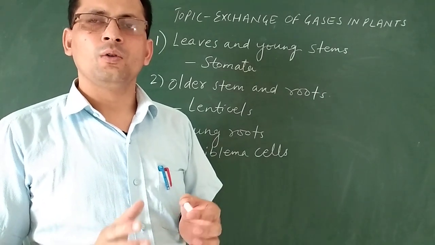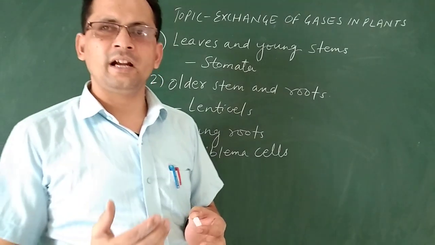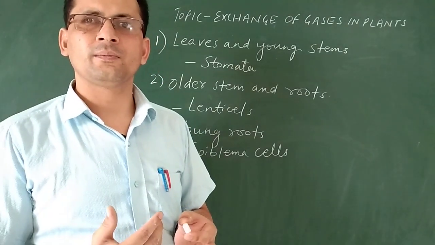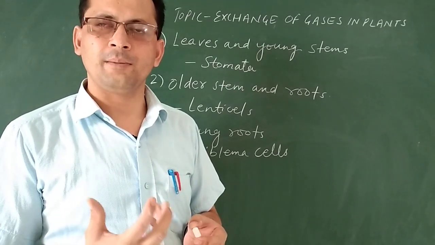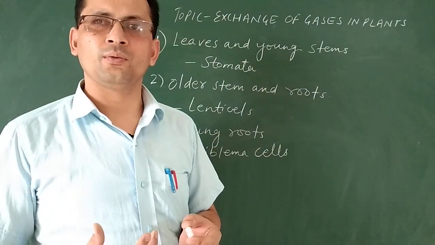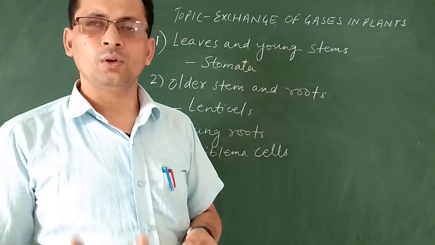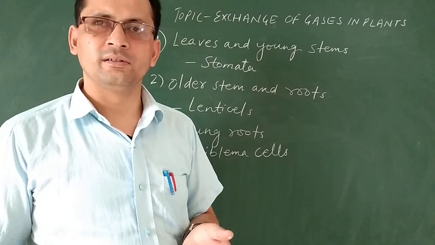During the daytime, carbon dioxide is taken in by the leaves, and in some cases through the green stem also, for the completion of the process of photosynthesis. At night the plants also require oxygen.